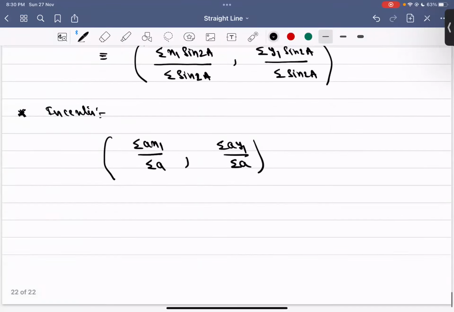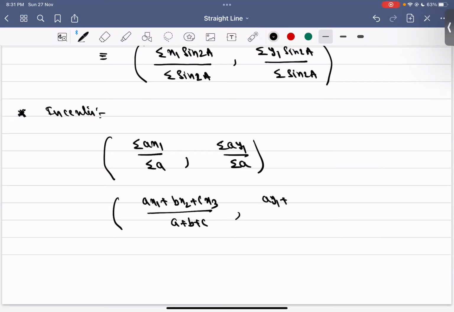If you open this compact form, it is (a x1 plus b x2 plus c x3) by (a plus b plus c), comma, (a y1 plus b y2 plus c y3) by (a plus b plus c). So this is the incenter formula.